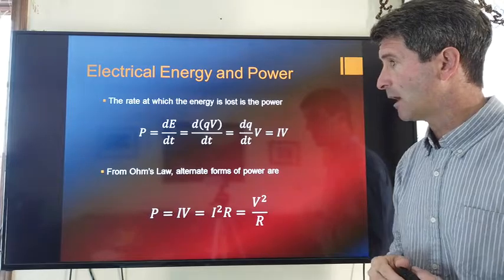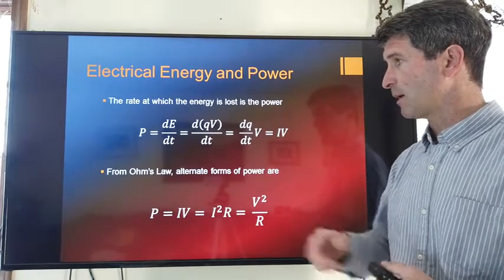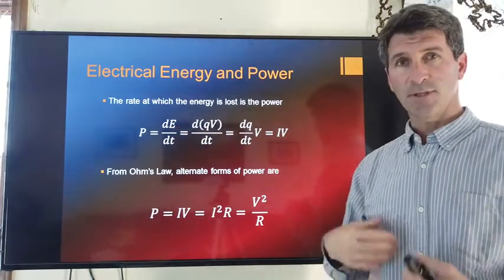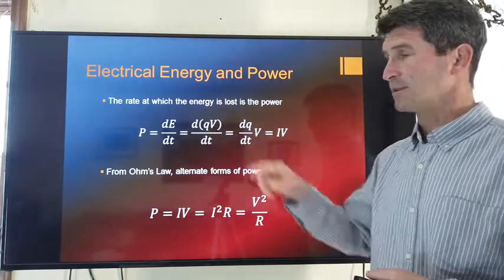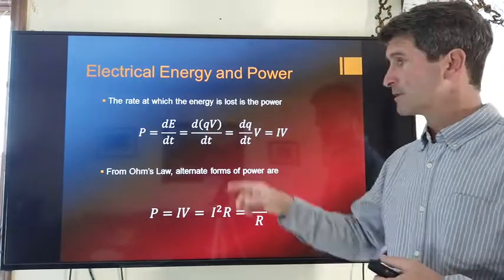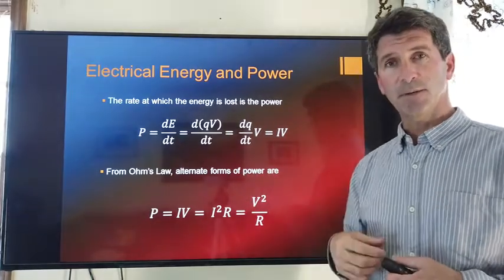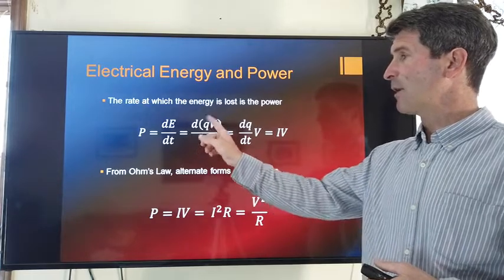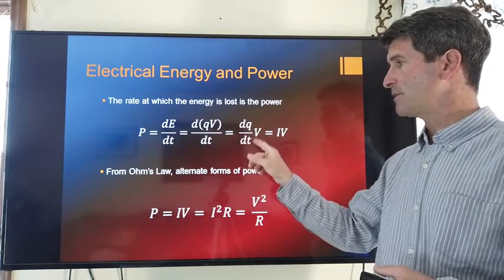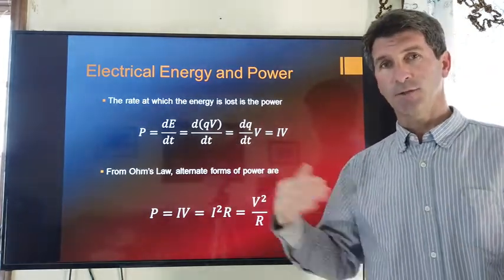We can go back to our earlier discussion and say, well, in terms of the infinitesimal energy that flows through any given section, that is going to be equal to the charge that flows through times the potential difference that it experiences. So Q times V. We'll take this Q out in front, and now we have dQ/dt. That is the rate of charge flow.